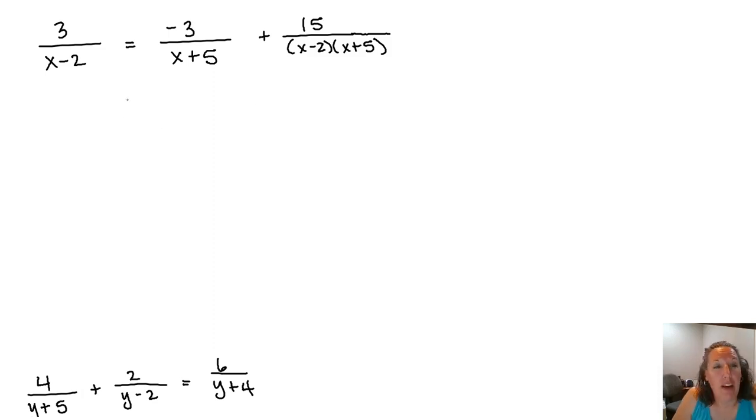All right, anytime we have fractions inside an equation like this, we want to get rid of those fractions by multiplying by the LCD. And we see that between these three terms, our LCD has got to have an x minus 2, it's got to have an x plus 5, and that will take care of that last fraction, which is x minus 2 times x plus 5.